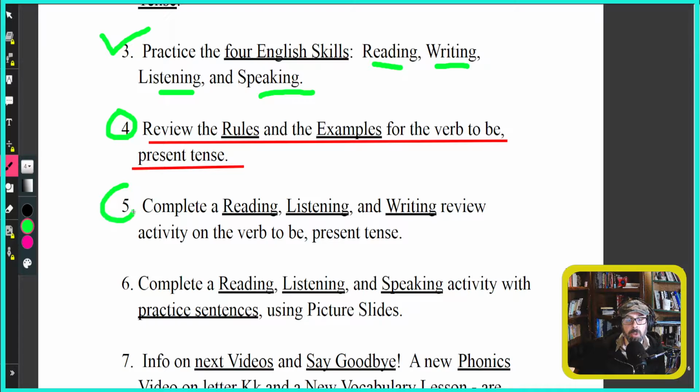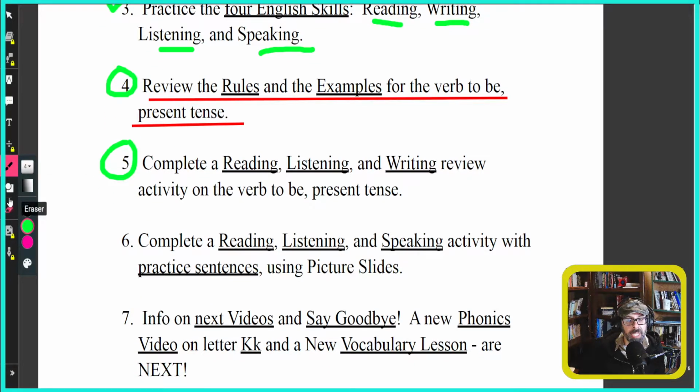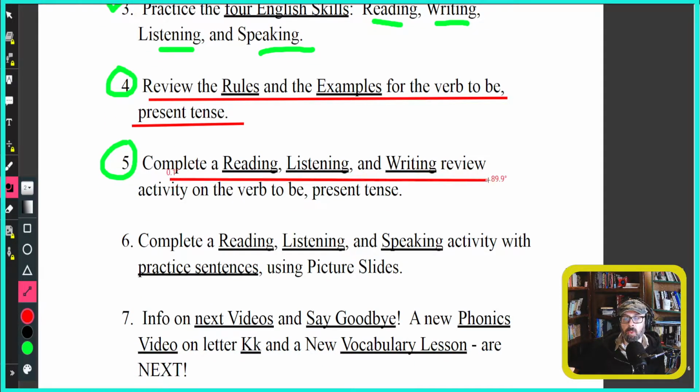Number 5 will be to complete a reading, listening, and writing review activity on the verb to be present tense. Okay, so we'll have some practice sentences and we will look at the sentences together and choose the correct answer to make the sentence correct for English grammar. Okay, so number 5 is an activity.